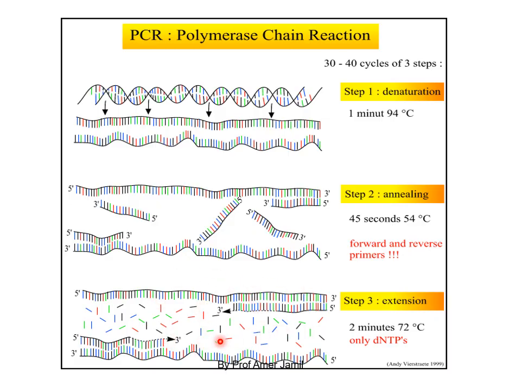And then the extension. The 3' end of the primers has to be very specific because this determines the specificity. If this end is not specific, you won't get amplification of your desired gene, because this is the place where Taq DNA polymerase binds and extends this chain in this direction. So this has to be very specific.